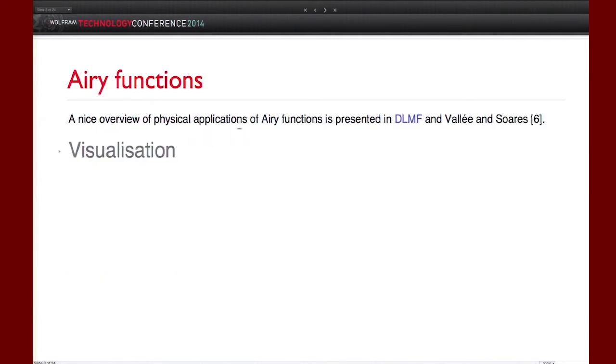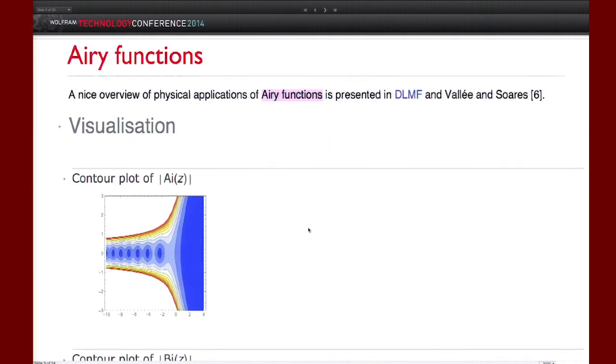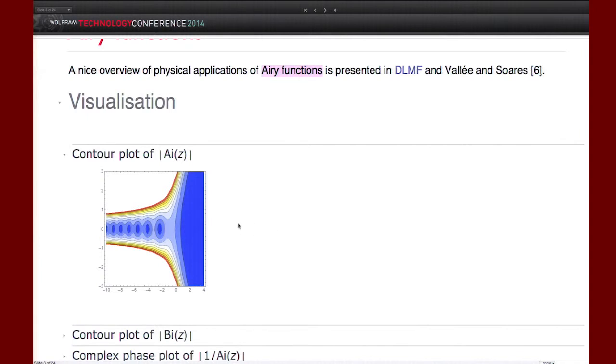So let's first look at the functions which we're dealing with here. They're Airy functions. Of course, they're built into Mathematica. There are some nice applications of them in the DLMF and in this book, Vallée and Soares. So if we do a contour plot of the absolute value of the Airy function, we can see it has roots along the negative real axis.